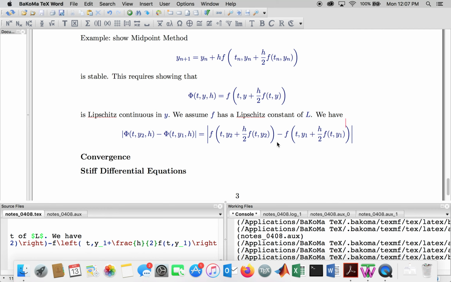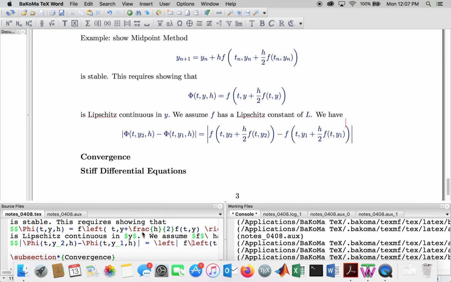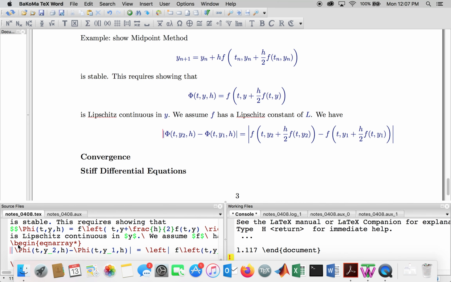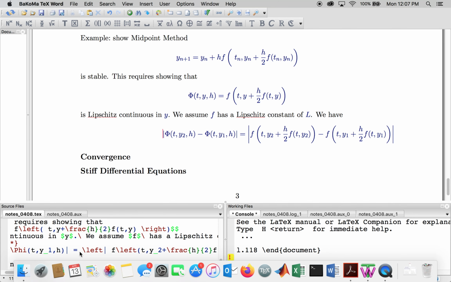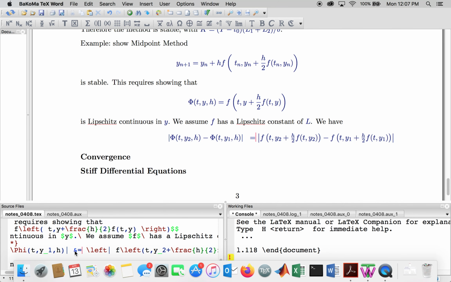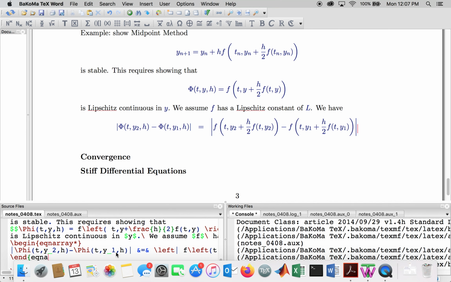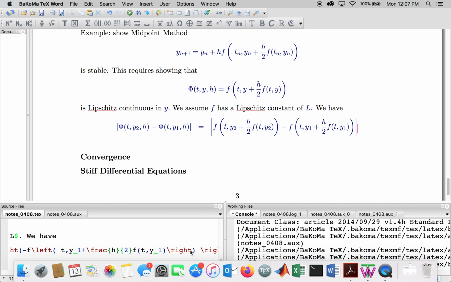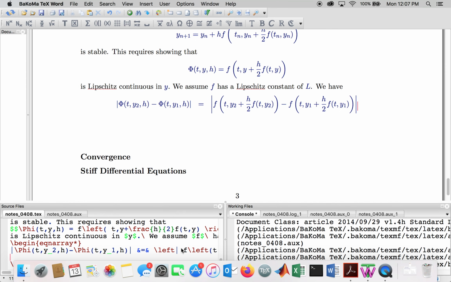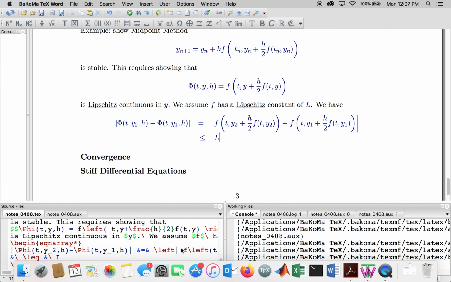And I can do that using the Lipschitz continuity of f. Now I'm going to need to make this a multi-line equation real quick. Okay, so I have the Lipschitz continuity of f: that is less than or equal to a constant L, a Lipschitz constant for f, times the difference in these two arguments.